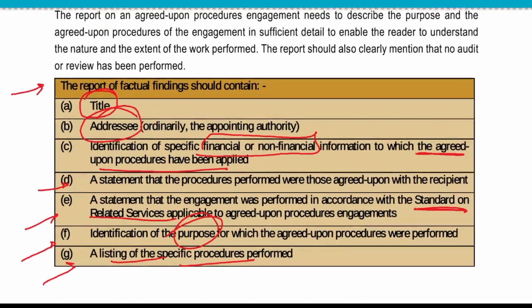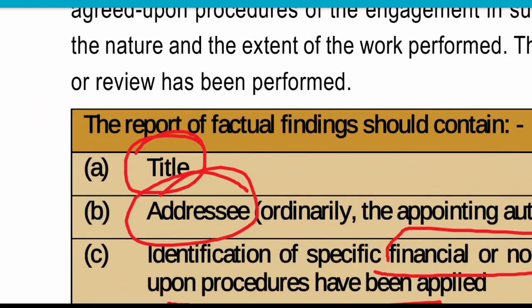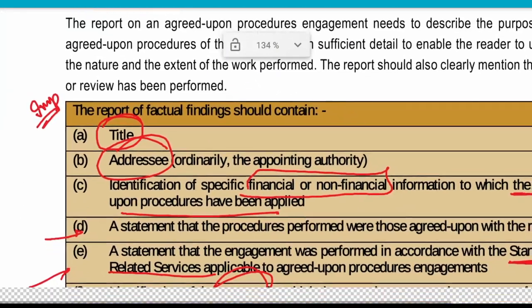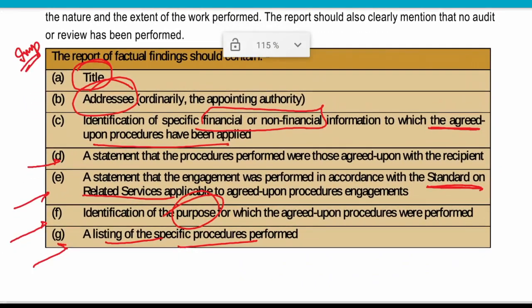I would say that for this particular SRS, this is important. A direct question might come, reporting might come in your examination. So I would say, to learn, the sequence would be easy. The title, addressee, and then you need to find out on which you are giving the particular report. What are the agreed upon procedures you have done as per SRS? What is the purpose?